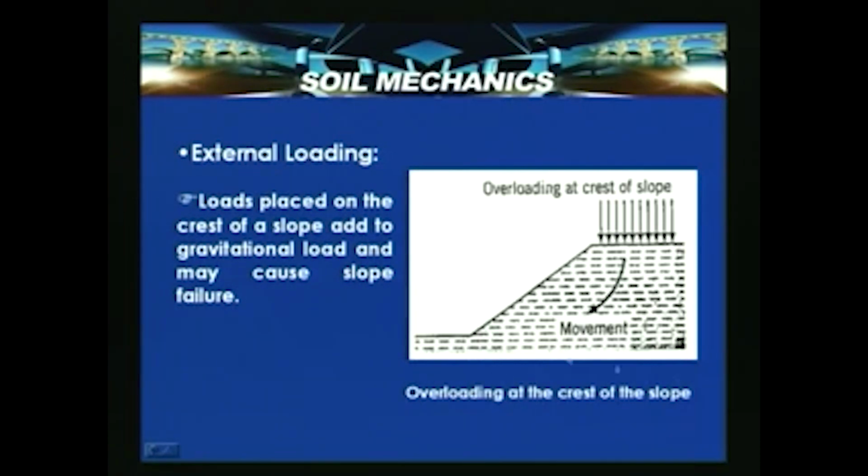Loads placed on the crest of a slope add to the gravitational load and may cause slope failure. If this external loading is far away from the crest, the influence is minimal, but if it is within the vicinity of the crest of the slope, its effect cannot be ignored.